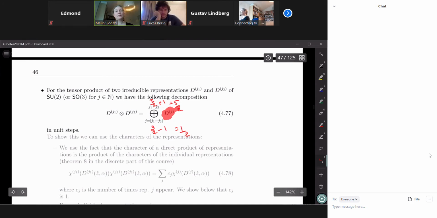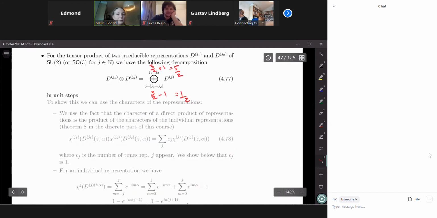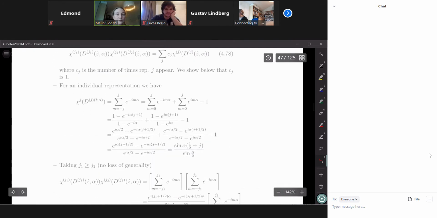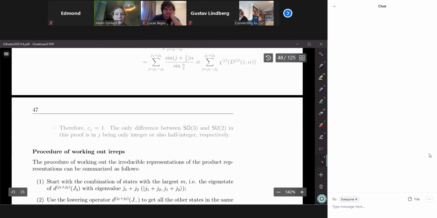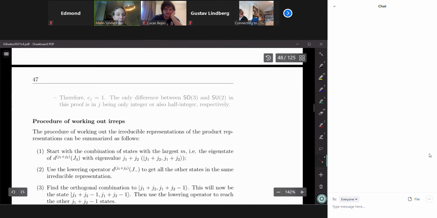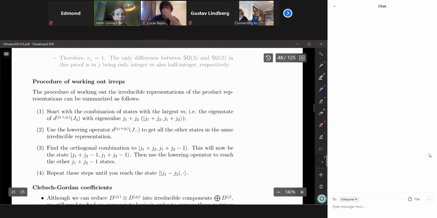So we cannot have two spin 1/2 representations, for example. That we can at most have one is something that one can prove, and the proof is written here, but I think it's a bit too lengthy to spend time on, so I will ignore it.